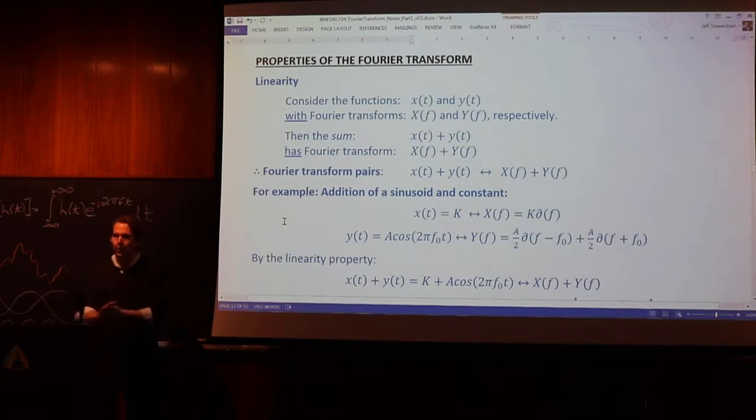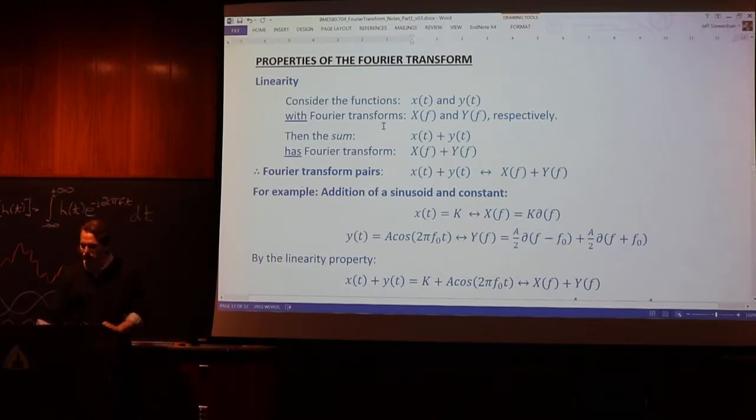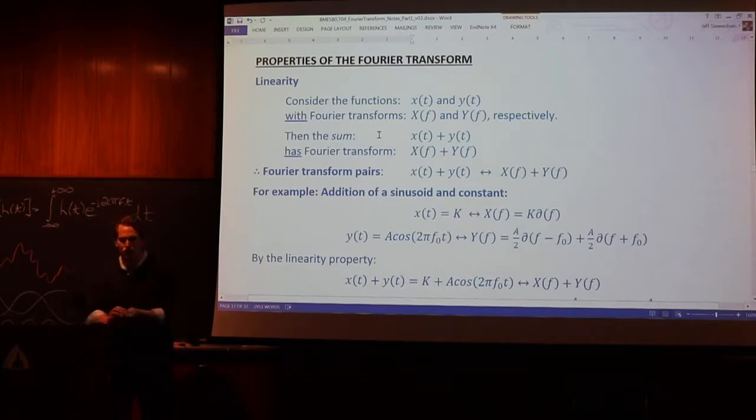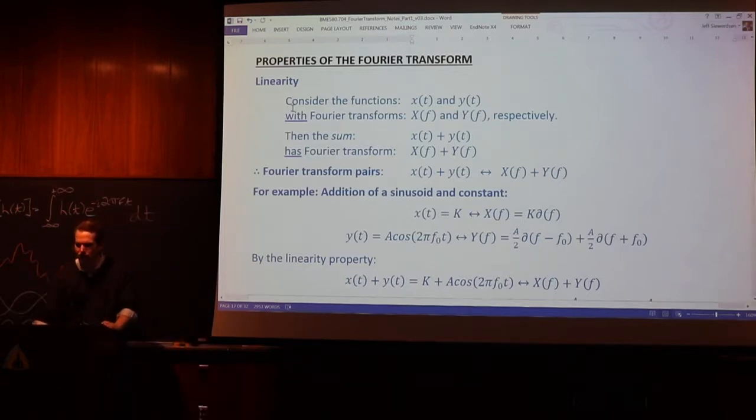Okay, so what are some properties that this transform follows? There are several really important ones that you want to know because they will help you solve problems that otherwise might be a little bit complicated, where the integrals get long and difficult to solve. So, for example, let's take two time varying functions, x of t and y of t, and they have Fourier transforms capital X of f and capital Y of f, right?